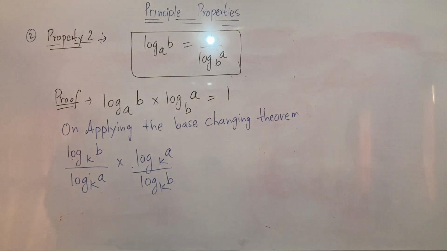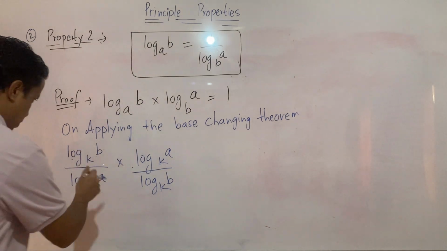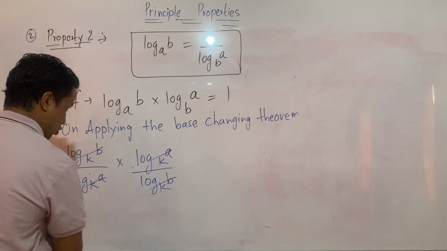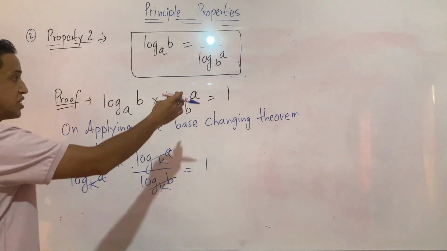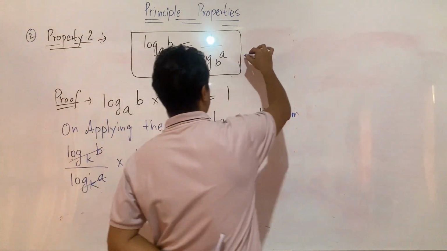And if you see here, this will get cancelled with this, so it's going to give you 1, and that's what it says here. Okay, so it means this property is true.